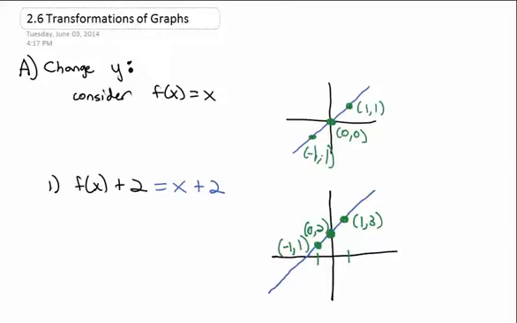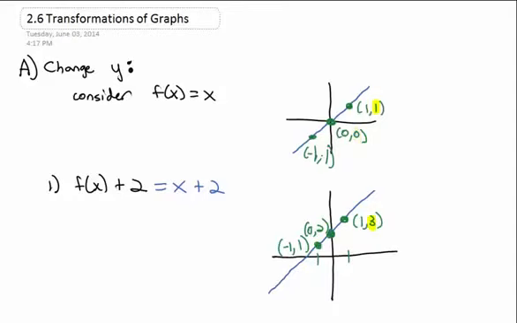And I want you to notice the x's we kept the same at -1, 0, and 1. But we now have new y values. The y value of 1 has increased to 3. The y value of 0 has increased to 2. The y value of -1 has increased to positive 1. What does this mean for us?